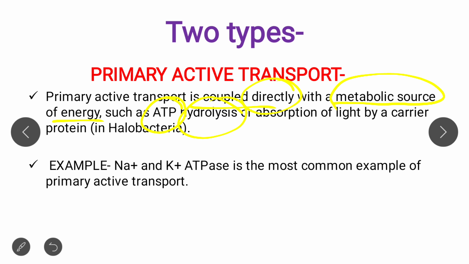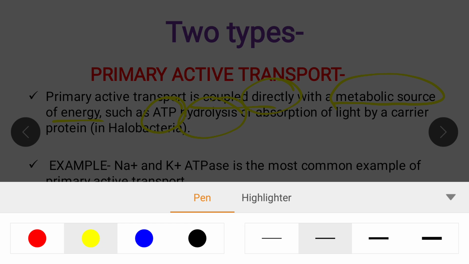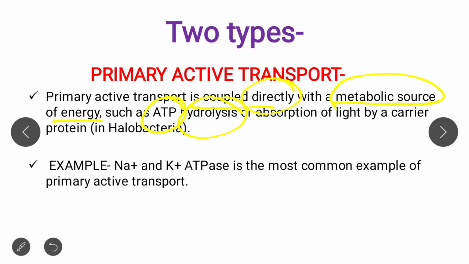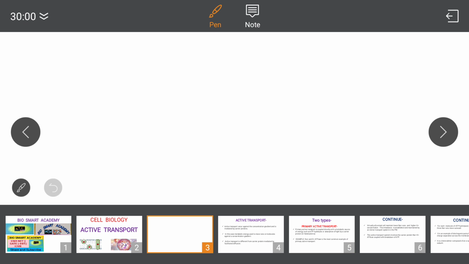It means when the ATP is hydrolyzed, then the transport occurs. In the case of bacteria, that I marked in blue marker, it is the absorption of light by a carrier protein, that is in halobacteria. Primary active transport is also known as direct transport, because it is directly coupled with ATP hydrolysis.